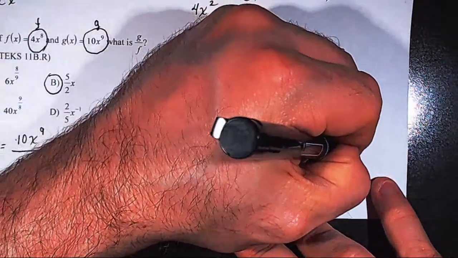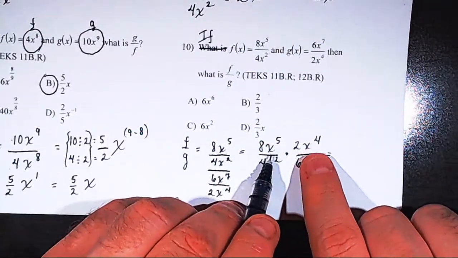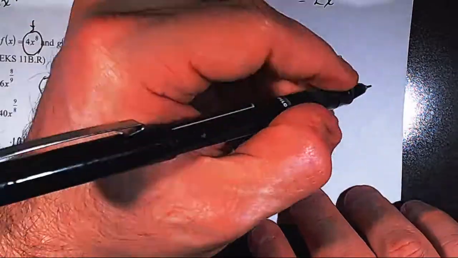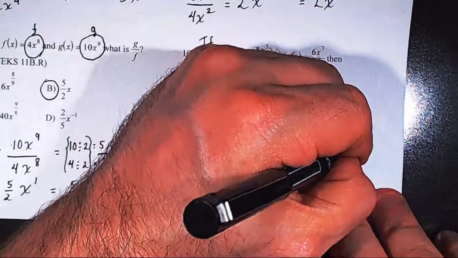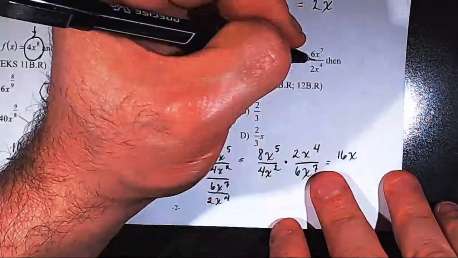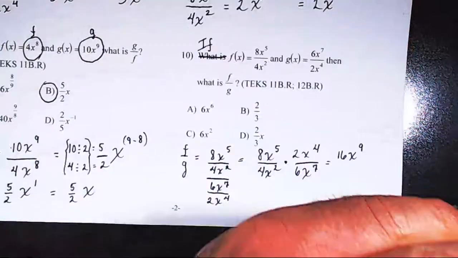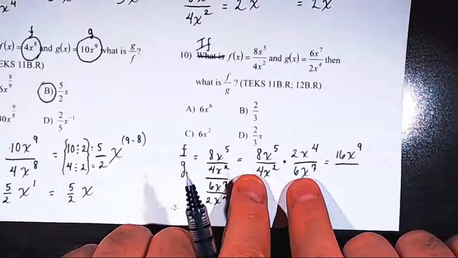Okay, now we're just going to multiply the numerator out. First, we have common bases, so this will work. 8 times 2 equals 16. And then we write our base of x. And then we have 5 and 4. 5 plus 4 is 9. So 16x to the 9th over, let's multiply.